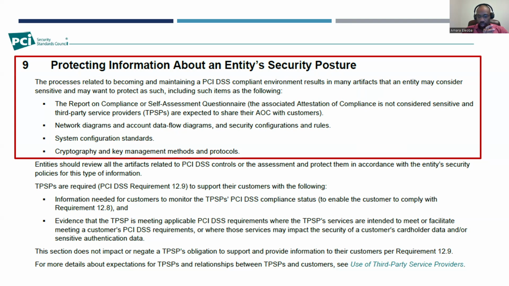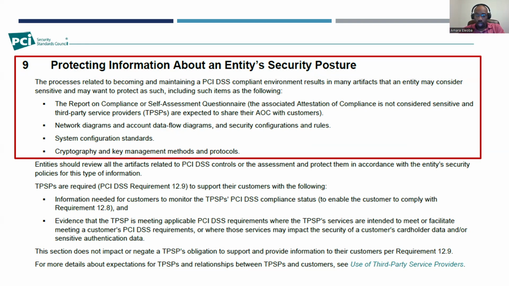So when you join a new organization, one of the things you need to know is who is authorized to see the organization's ROC, which is the report on compliance. Not everybody, because it contains a lot of sensitive and confidential information about your organization, such as your IP addresses, everything, I'm telling you. So you should not forward that to anyone that's not authorized by the organization.